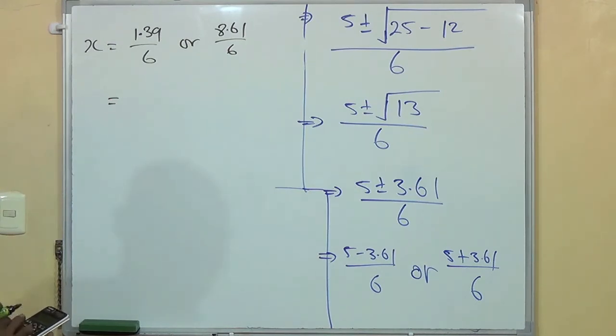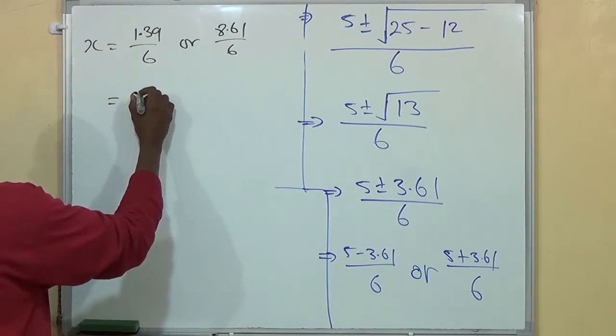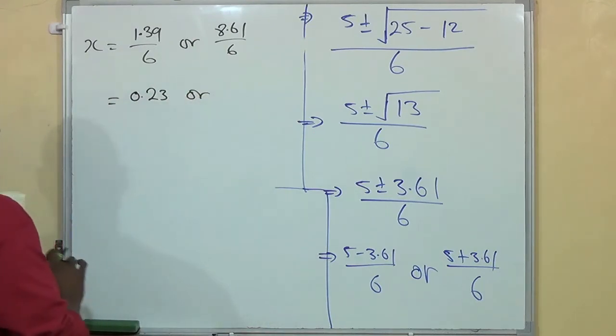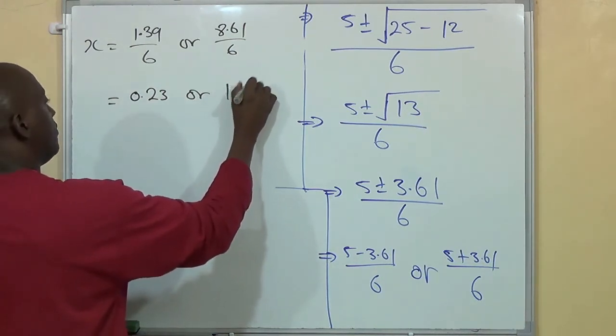Which would be, let me check it out. 1.39 divided by 6 is equal to, boom, 0. They asked for two decimal places, right? 0.23 or 8.61 divided by 6 is equal to, what's it again? Boom, 1.44.